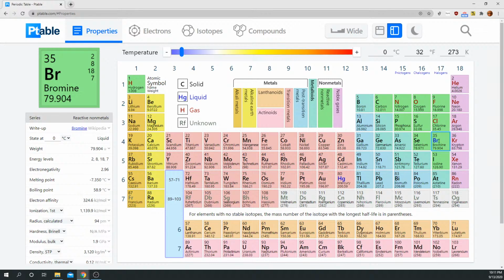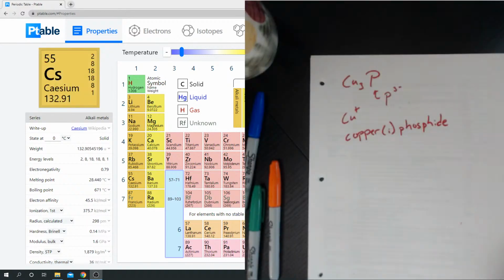So it's going to be 1, 2. It's going to take a -2 charge. Sn, the metal, that's tin, is right here. It is not on the staircase. It's not on the S block. Therefore, it is going to take multiple charges. We're going to have to indicate what the charge is in the name.